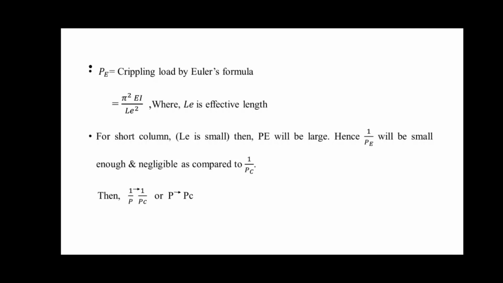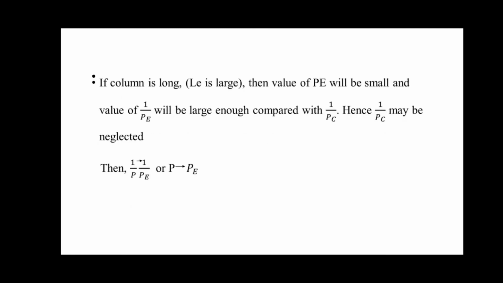Then for a long column, which means that the value of Le is large, then the value of Pe will be small and the value of 1 by Pe will be large enough when compared with 1 by Pc. Hence, the value of 1 by Pc may be neglected from the equation 1 by P is equal to 1 by Pc plus 1 by Pe.